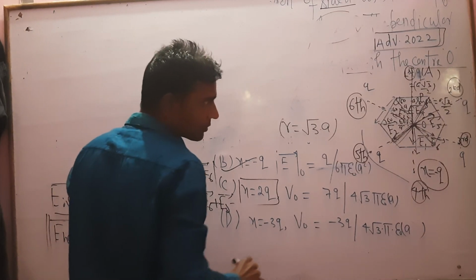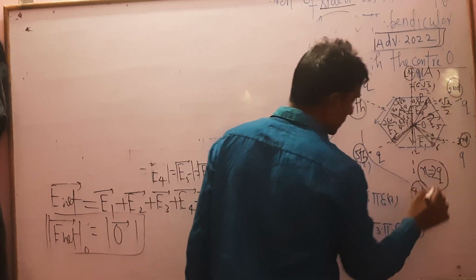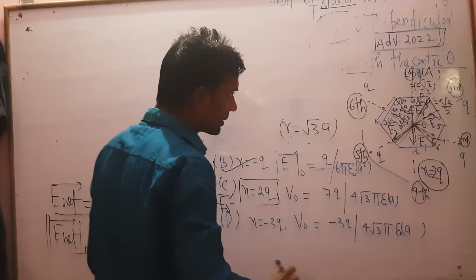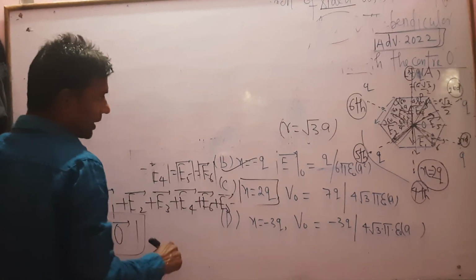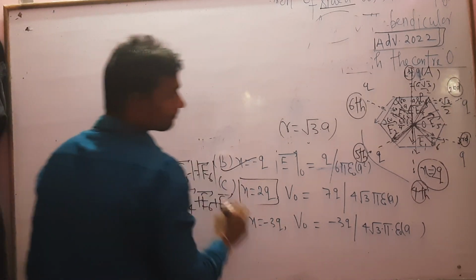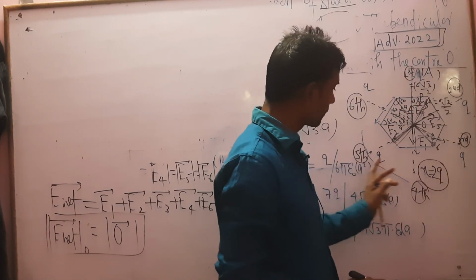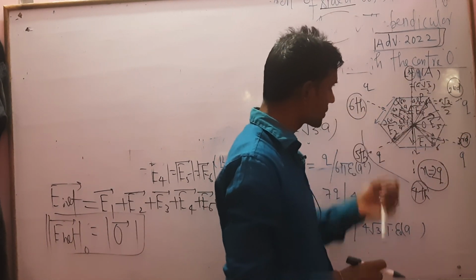If x equals 2q, this is the 2q charge, then the potential in this situation will be equal to the value when x equals q. Here this is the first charge, second charge, third charge, fourth, fifth, and similarly there is the sixth charge.